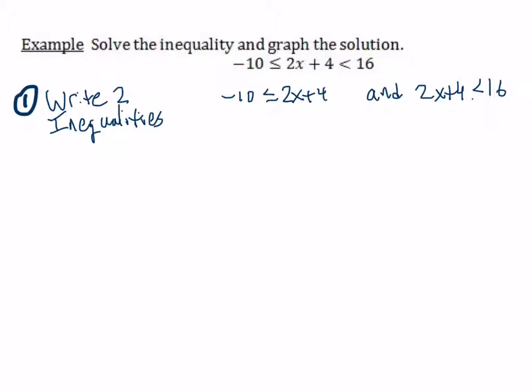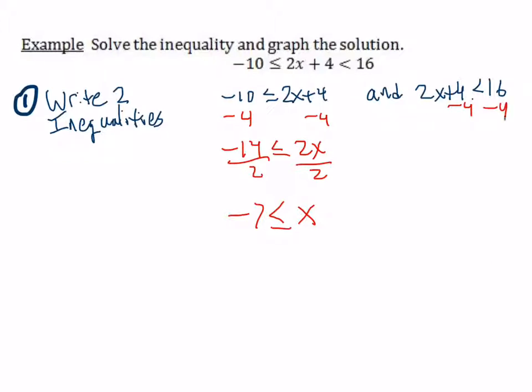So we subtract 4, and we get negative 14 is less than or equal to 2x. Divide by 2, and we get x is greater than or equal to negative 7. And here, subtract 4: 2x is less than 12. Divide by 2, and we get x is less than 6.